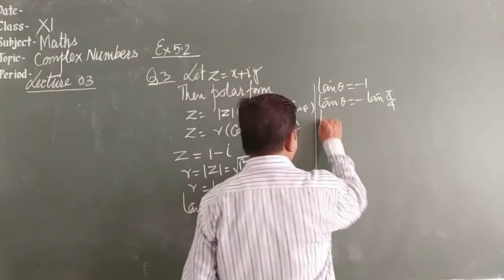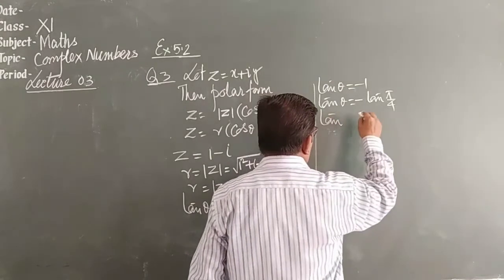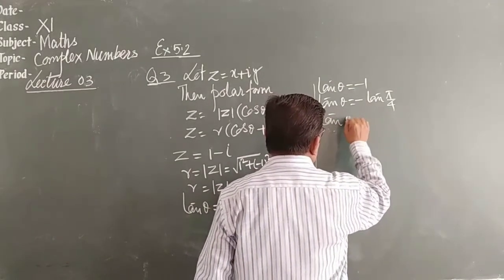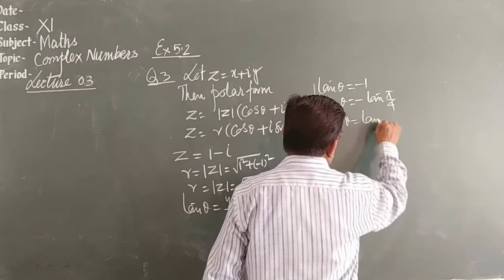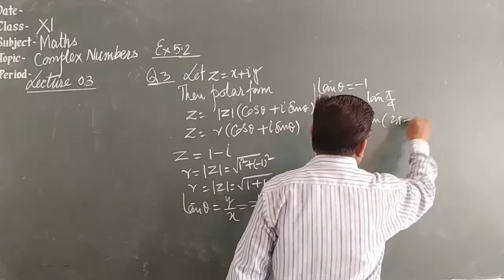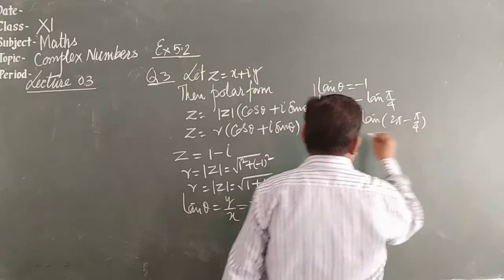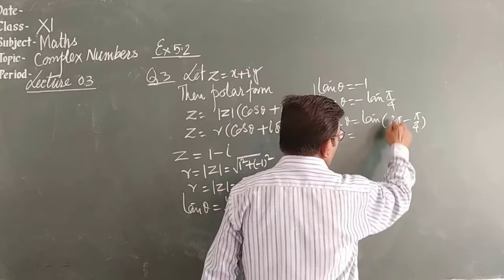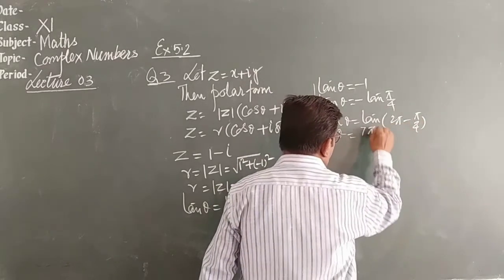So we can write tan theta is equal to tan of 2 pi minus pi by 4. We can write theta is equal to 7 pi by 4.